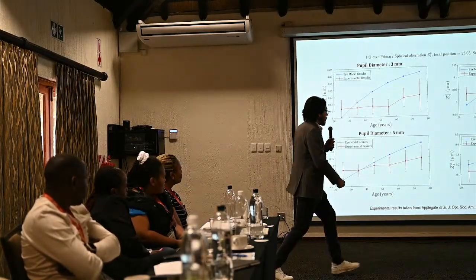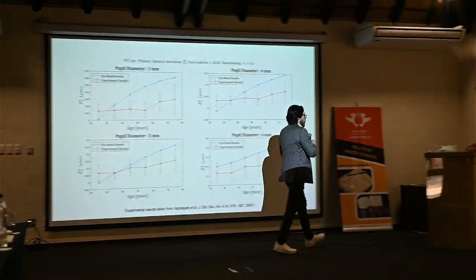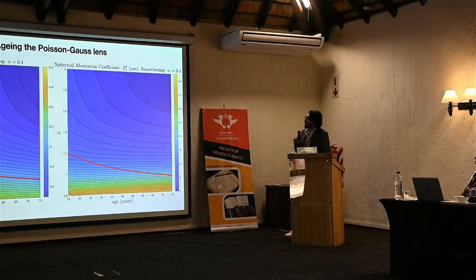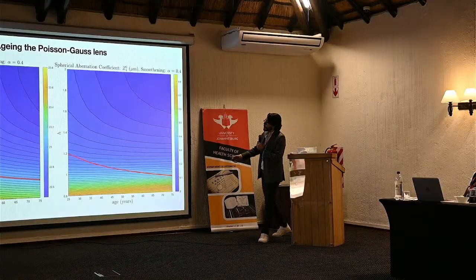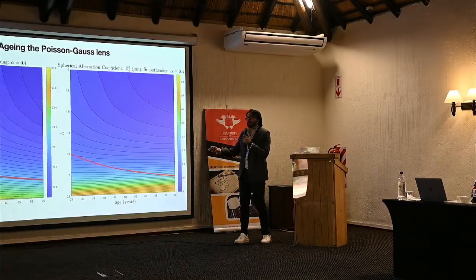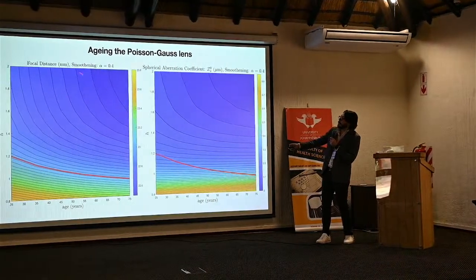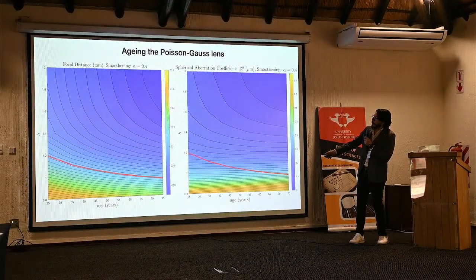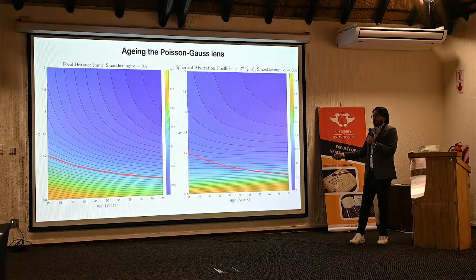Thank you. Yeah, very good question. Here in these maps, we were not predicting the focal distance. We fix a curve here, and then we predict spherical aberrations.